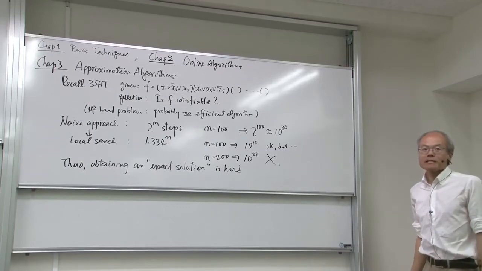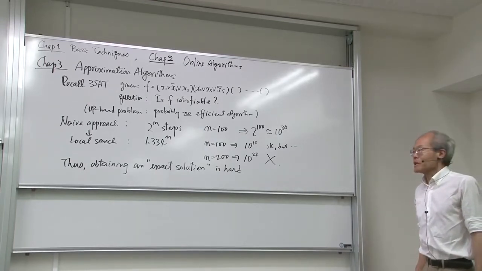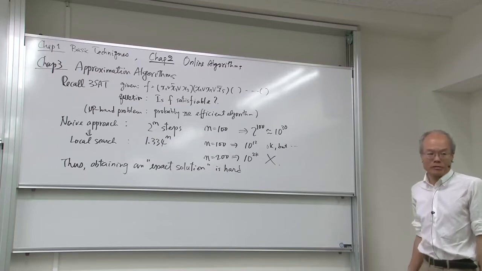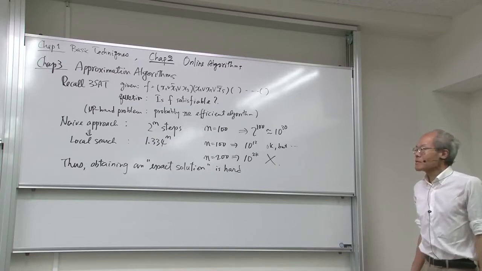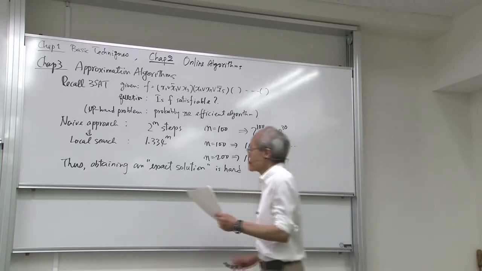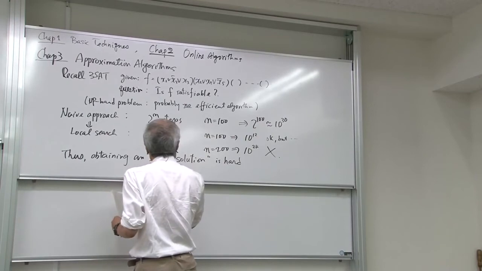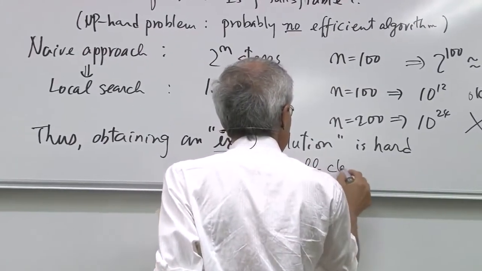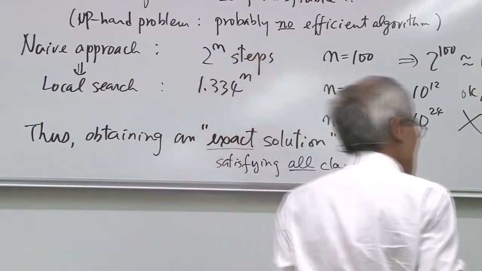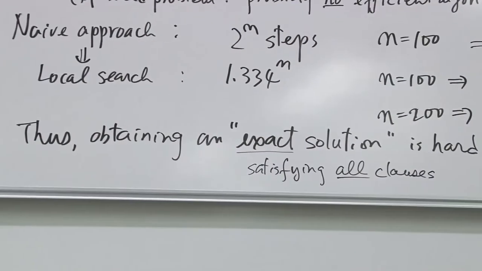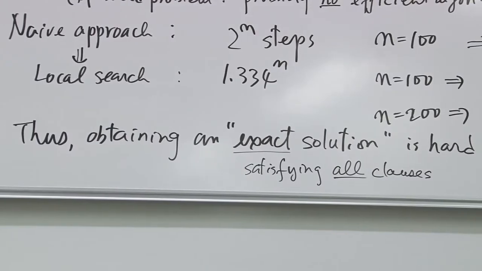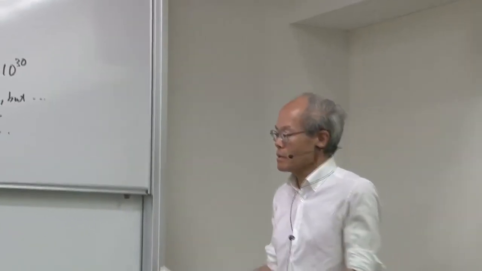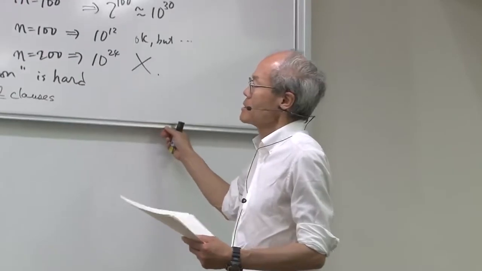If I say a solution, that usually means an exact solution. Exact solution means a correct solution. An exact solution is hard. In this case, exact means, depending on the definition, that the solution satisfies all clauses. Okay? So this is not easy. This is hard.